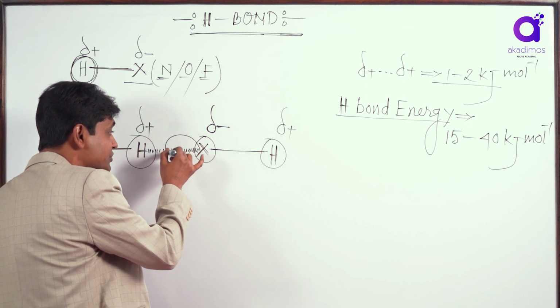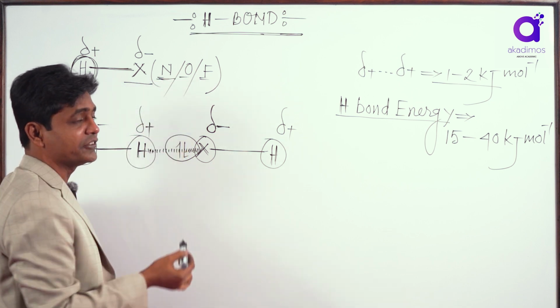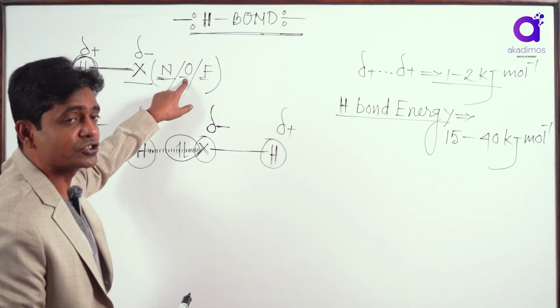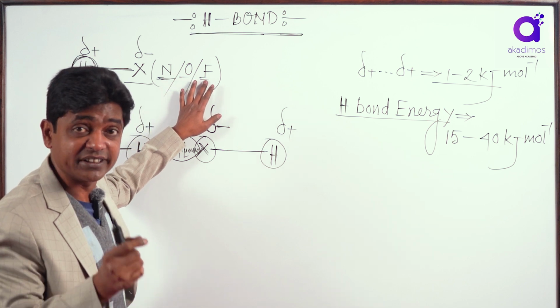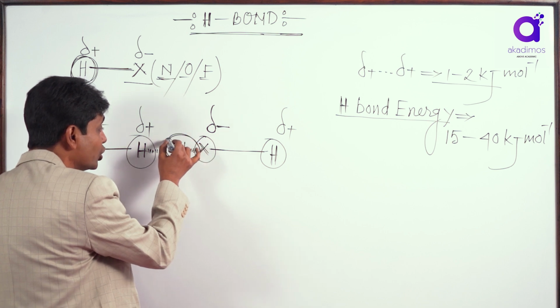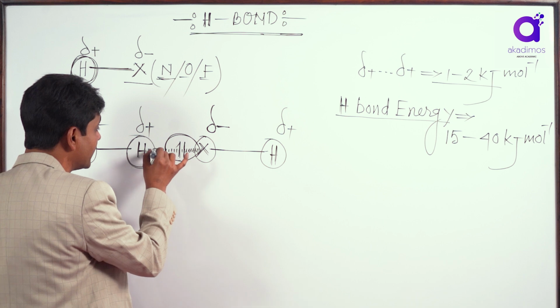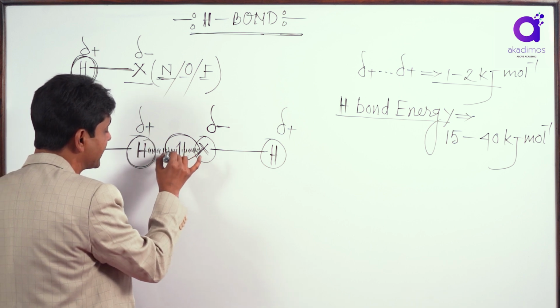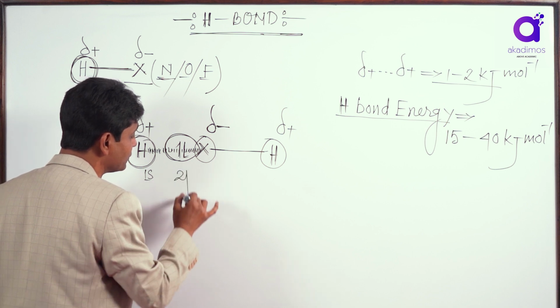pair of the small electronegative atom. You know, nitrogen is normally trivalent, it has one lone pair. Oxygen is normally bivalent, it has two lone pairs. Fluorine is normally monovalent, it has three lone pairs. After this, the lone pair of the small electronegative atom will overlap with the partially vacant 1s.